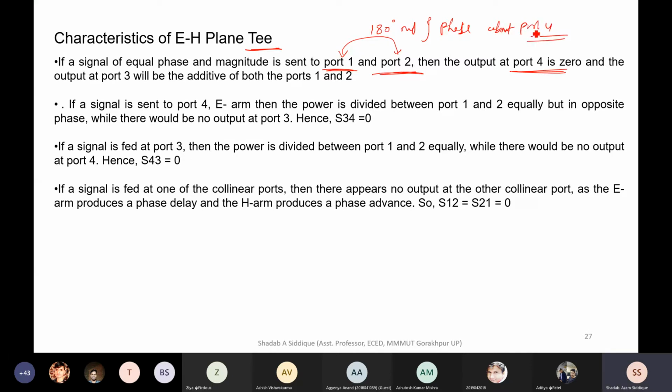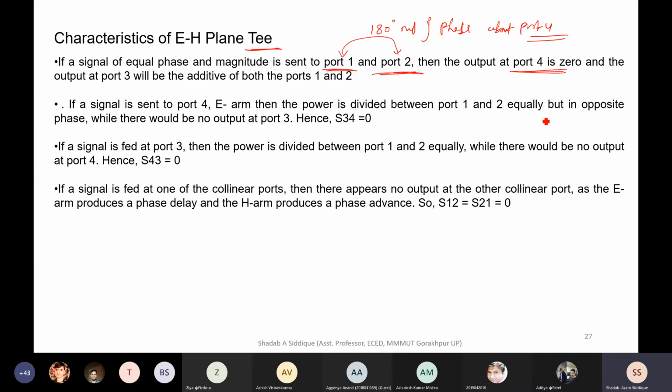I hope you understand. You can just relate it to the E plane T. If you take output from port 4 and you apply input at port 1 as well as port 2, and both are in equal phase and magnitude, you will get 0 at output 4, because both will be subtracted from each other.